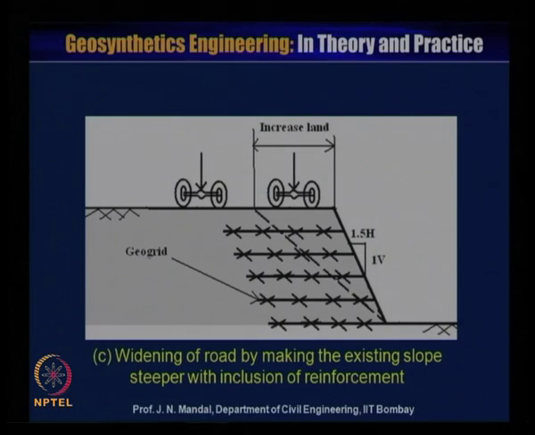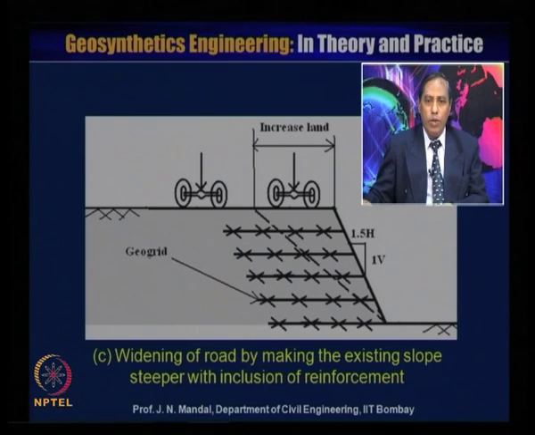For example, here is the widening of the road by making the existing slope steeper with the inclusion of reinforcement. So you require the steeper slope. For example, this is the existing road where the vehicle is passing, and you want to do widening of the road.